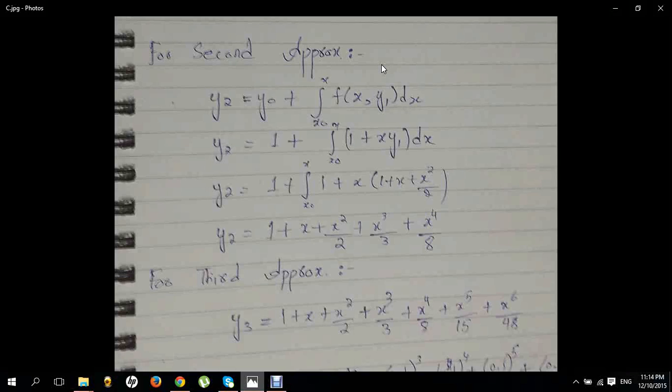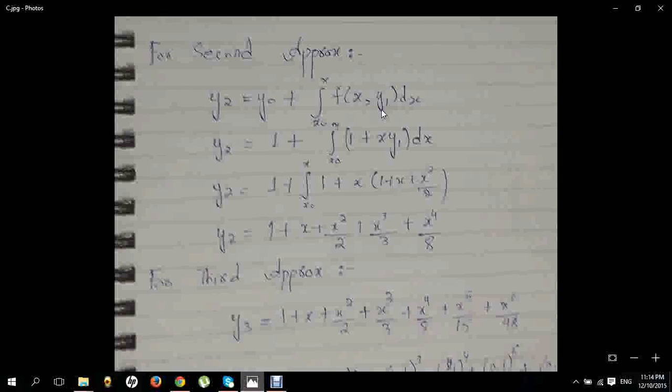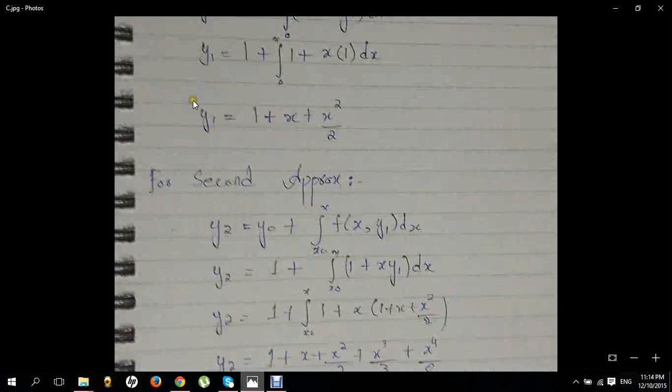So for our second approximation, you can see that instead of y0 we have now put y1, which is the value of our first approximation.